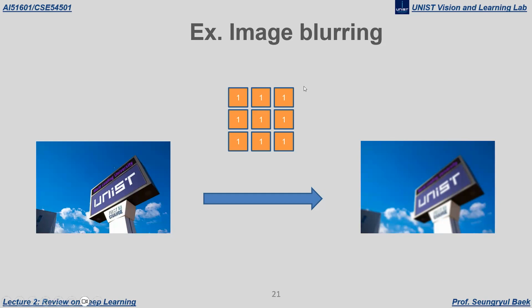And even if you enlarge the filter corner size, it would be more blurred. So this is an example of applying filter corners on the images. Depending on the filter values, the images have different characteristics, right? Okay.